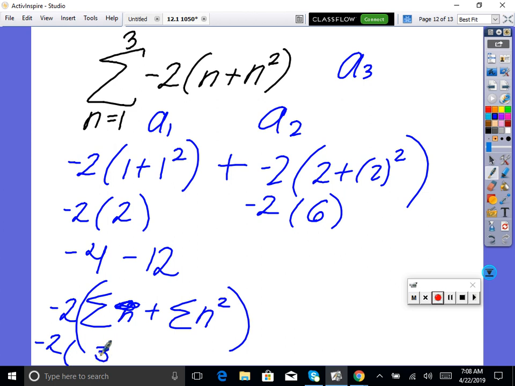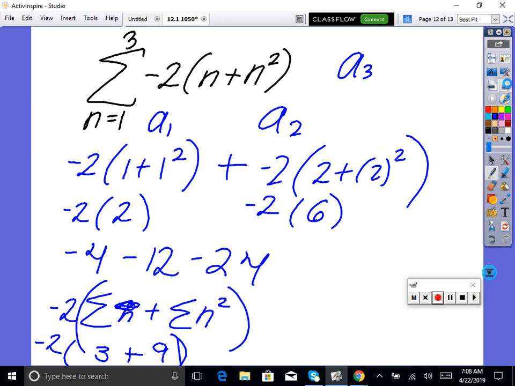So that'd be 3 plus 9, I know, that makes it harder, I feel like. 9, 10, 11, 12. 12 times negative 2, negative 24. So I feel like splitting it up is just harder, honestly. We plug it directly in. Okay. So then you would just add those up.